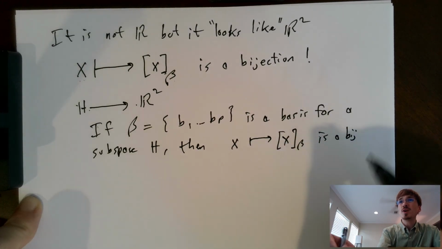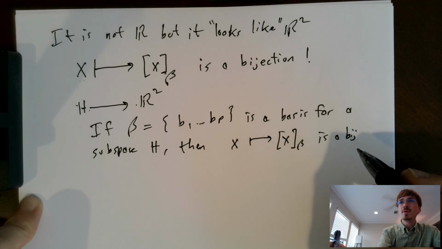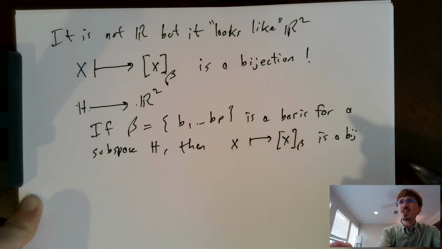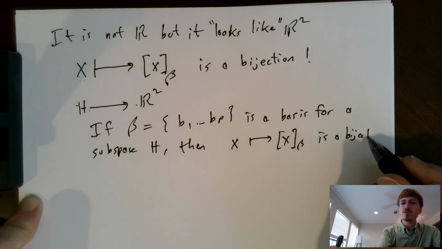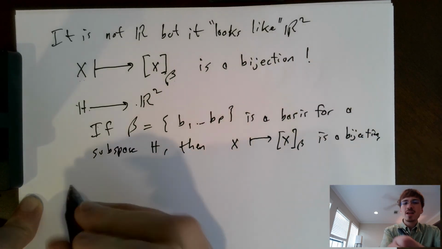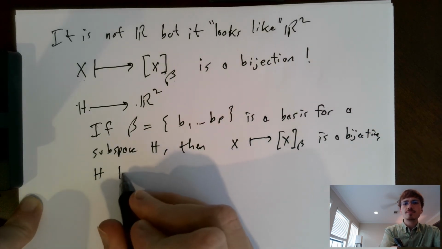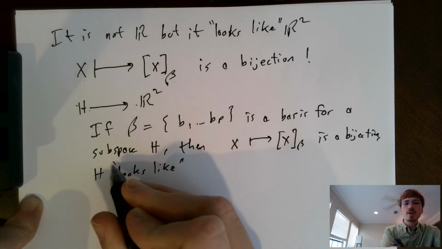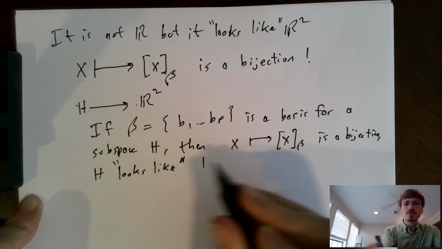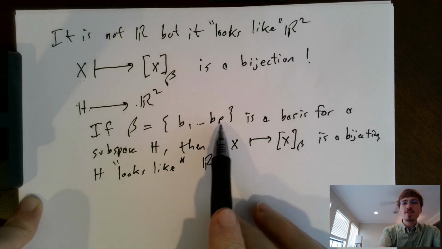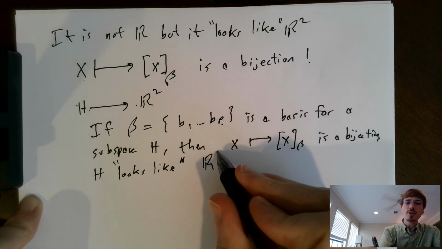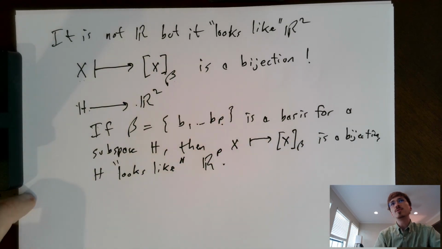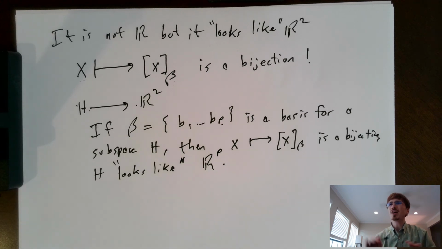So it's a one-to-one onto mapping, or an injective and surjective mapping if you prefer. And so what does H look like? Well, how many vectors are there? It looks like R^p. So in this case, it would be R^p that's been rotated around or tilted in some way.